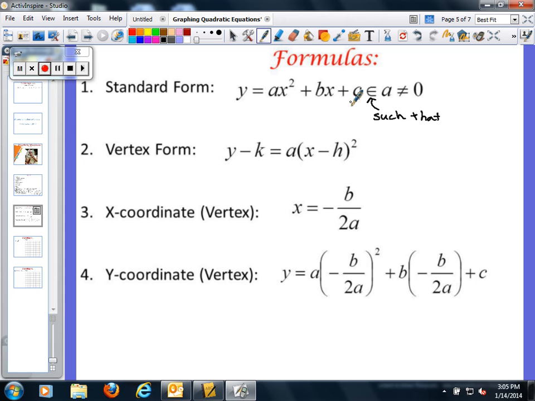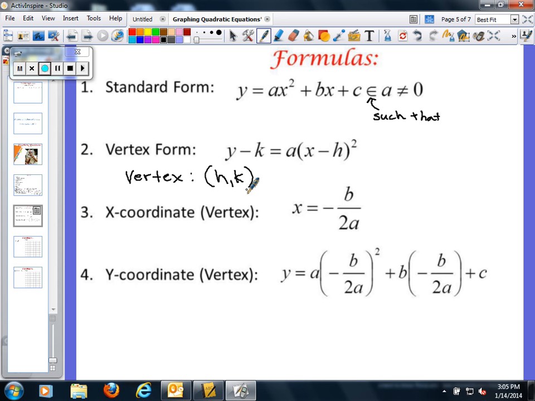The second one is what we call vertex form. It's y minus k equals a times x minus h squared. And I actually also should have put this in, that the vertex itself in this formula is h comma k. Alright?